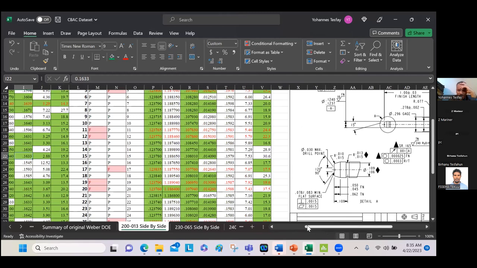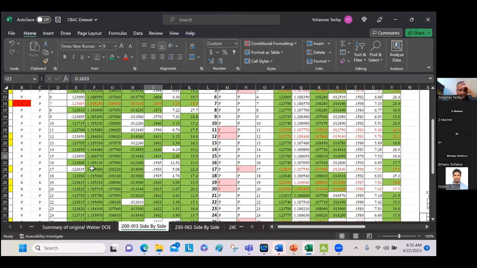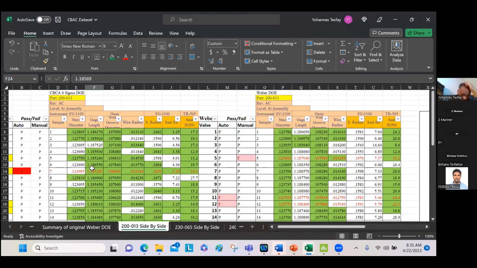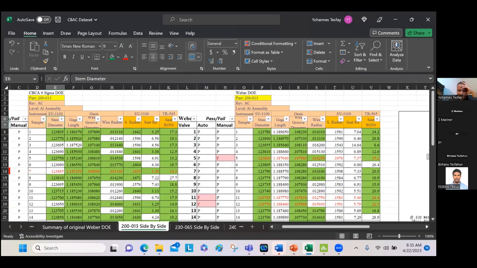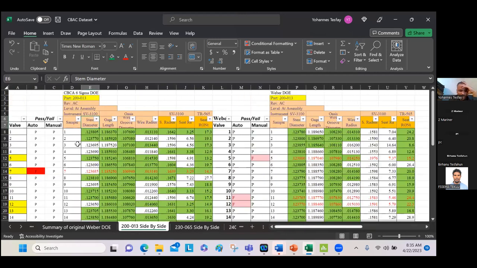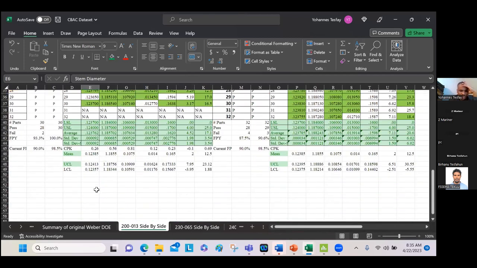Now the measurement is done. So these are the measurements: this is the part number and gauge stem diameter, 0.123 or whatever. How do we know? Here comes the upper specification, this is the lower specification.